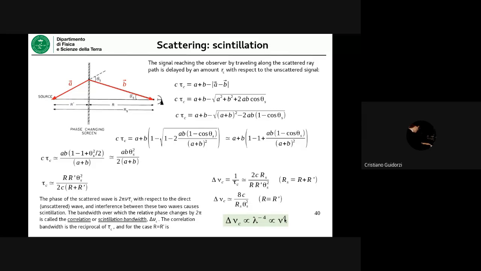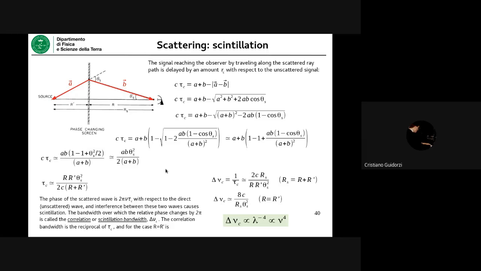So this is again a signature of scintillation, or equivalently of the broadening of the pulse. Okay, this is something that I'm going to comment on later. So the scintillation bandwidth is hugely dependent on the wavelength, or equivalently on the frequency, to the fourth power.